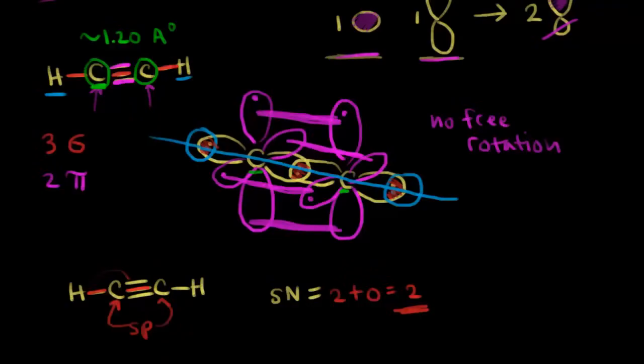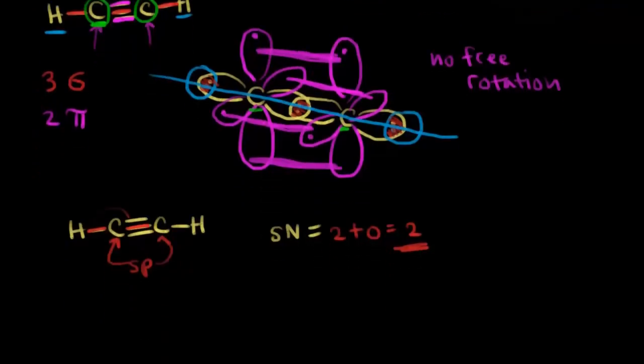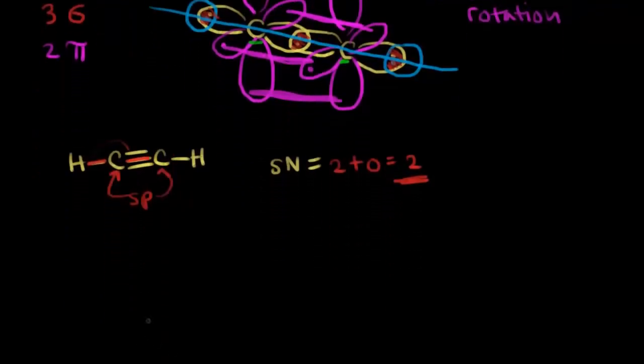Let's do one more example using steric number to analyze the molecule. Let's do carbon dioxide. So if we wanted to figure out the hybridization of the carbon there, let's go ahead and do that. So using steric number, the steric number is equal to the number of sigma bonds.